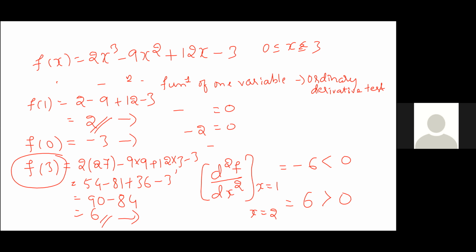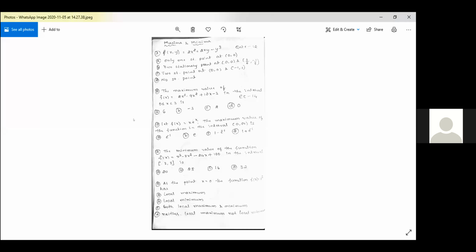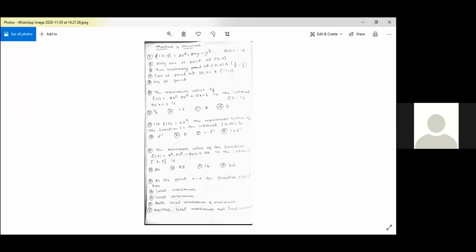Okay, sir. So next problem. Let's first check what the answer is for that one. So 6, the A option is right, right? They may get confused.